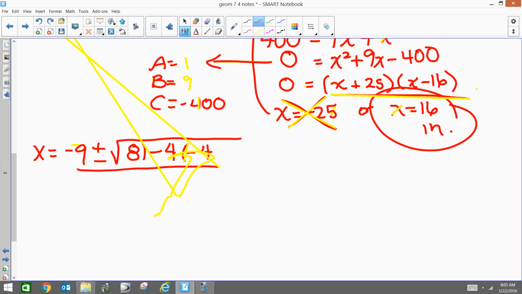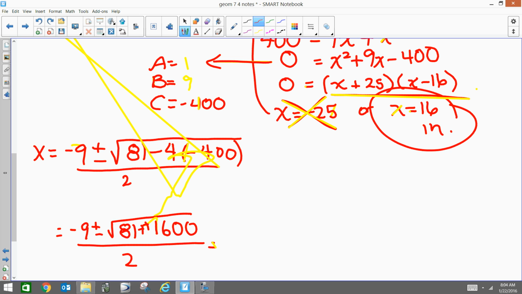It's like a kindergartner here. Negative 9 plus or minus 81 minus 4 times 400, which is negative 1600. Getting worse here, all over 2.